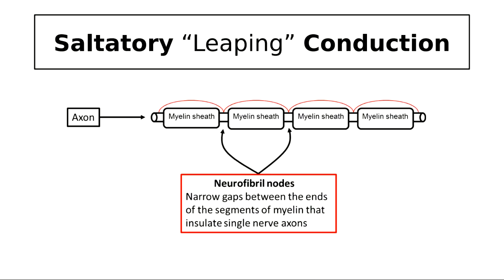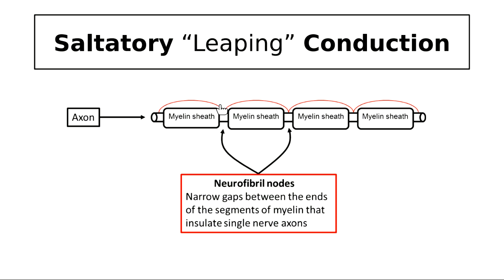Now we have saltatory conduction. Saltatory means leaping. So saltatory conduction is the leaping of an impulse from one neurofibril node to another. This act greatly increases the speed of impulse conduction. So by being myelinated, you see this is myelinated, impulse conduction is rapidly increased. So here it is, neurofibril nodes.